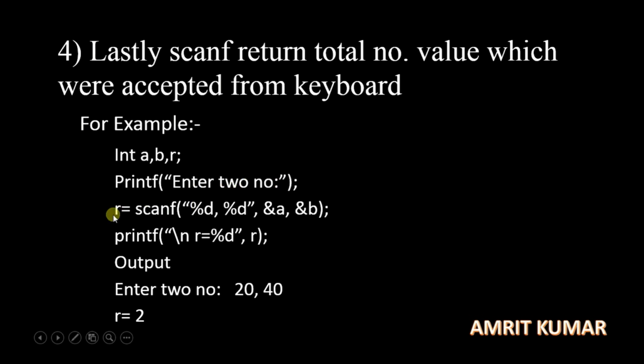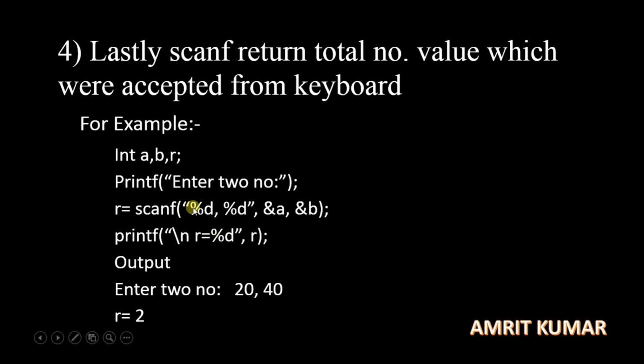Now finally we have used the scanf function. Okay, we are using the scanf function, and its work is to accept a value from the keyboard. Now what we are doing here is that we are going to make format specifiers.